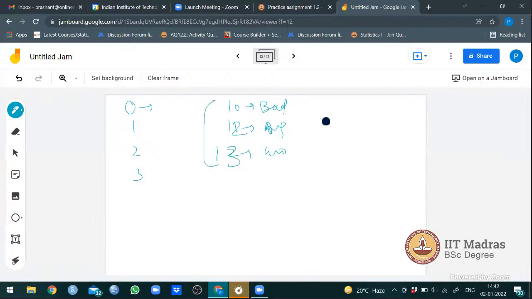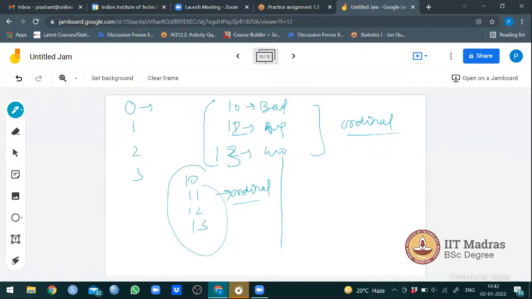So it can be anything, and that will come under ordinal. Sir, if we take 10, 11, 12, and 13, the difference would be the same. But if you have coded them, then it will be ordinal. If you are not coding, just giving the interval like rating 1, 2, 3, 4, 5, then it will be interval.